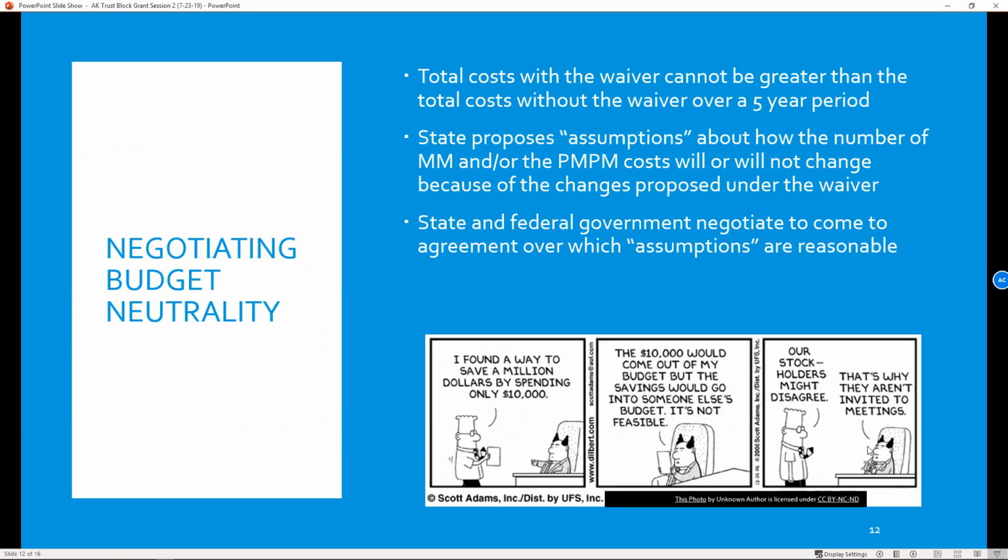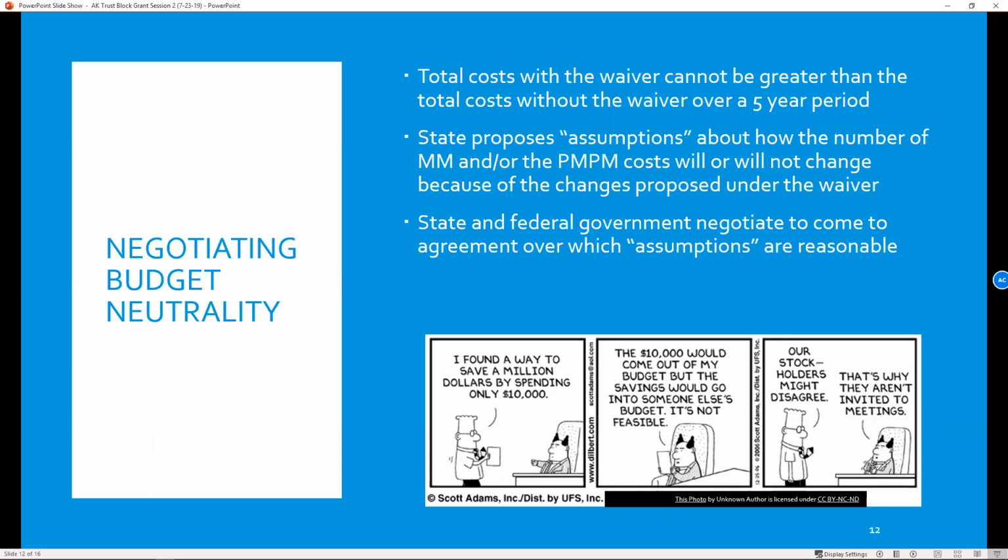Okay, I'm going to let you read the Dilbert first, and then tell you what's going on here. Dennis has had a lot more direct, personal, up-close experience with these negotiations, but the overall framework is, as we said, the total cost with the waiver for the federal government can't be greater than the total cost without the waiver over the entire 5-year period.